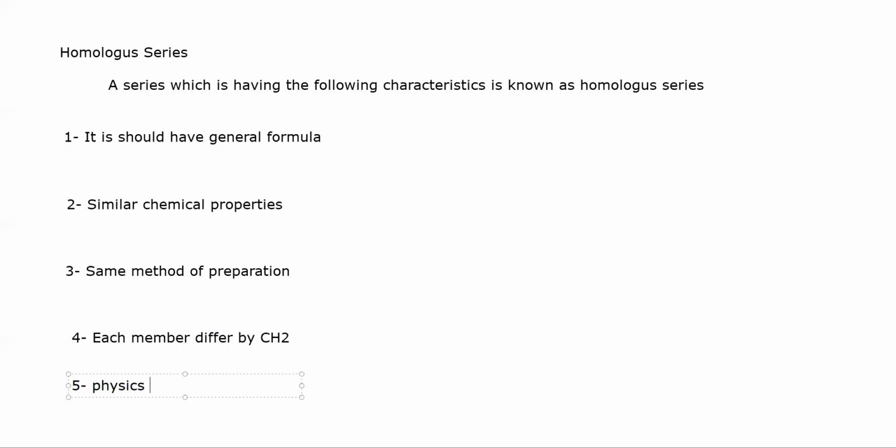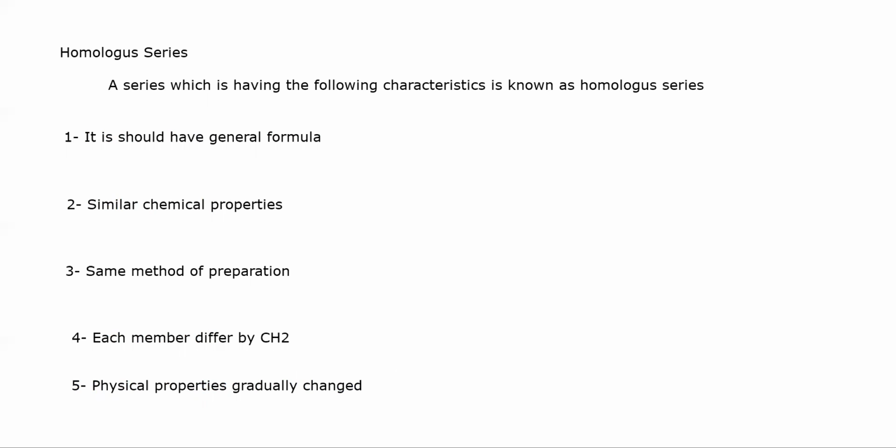Physical properties gradually change. So these are the characteristics of a homologous series. If all these properties are there in any series, we call that a homologous series.